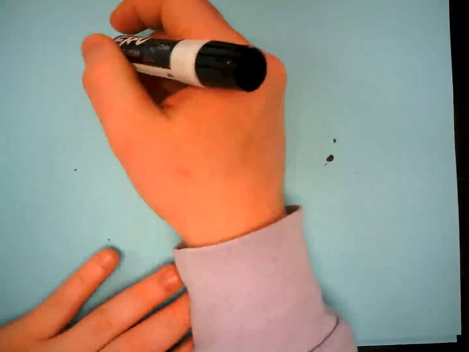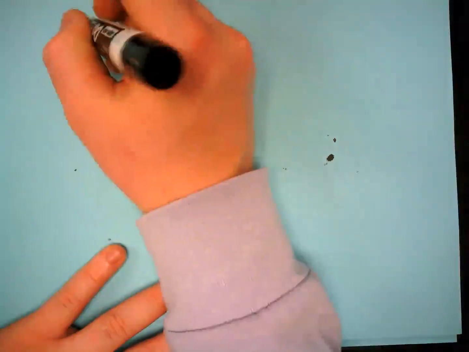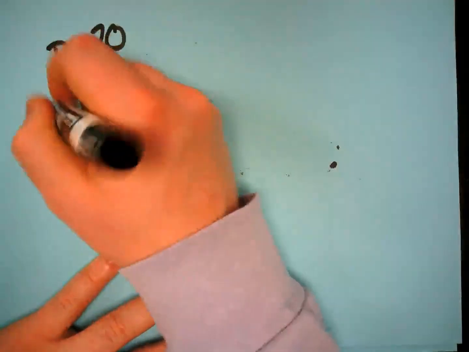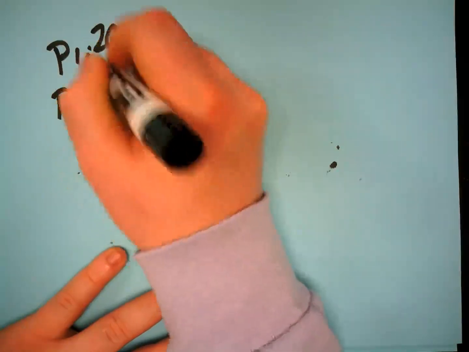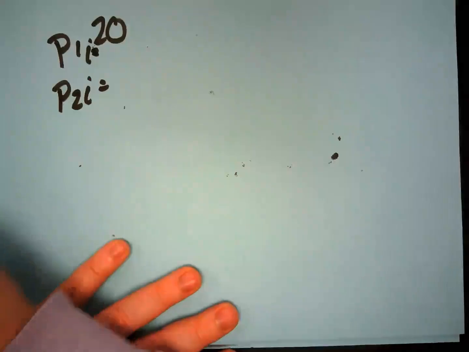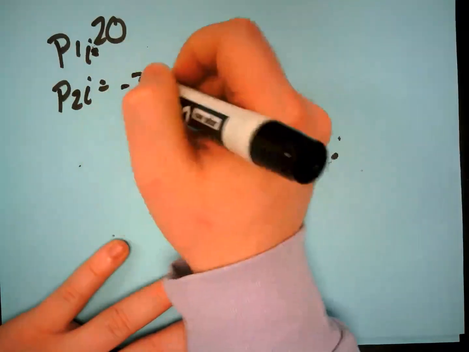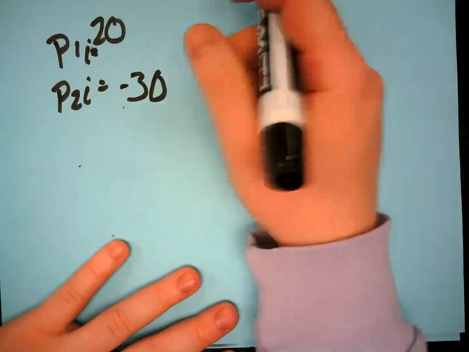So remember, momentum is conserved. What am I getting wrong here? 4 times 5, okay, yeah, 20. This is the momentum of 1 initially. Momentum of 2 initially is going to be 6 times a negative 5, which is negative 30. Okay, yeah.